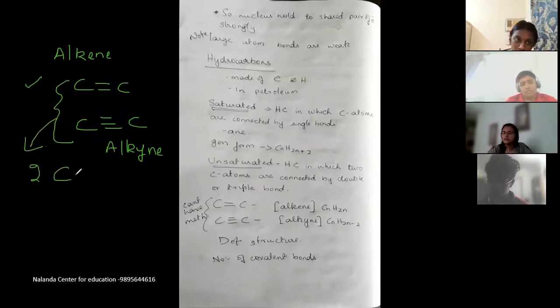Very, very important. Please understand this. I will tell you where you are going to go wrong. Third member of the alkene series. They are going to ask you, third member of the alkene series, what is it going to be? Is it going to be C3H6 or is it going to be C4H8?